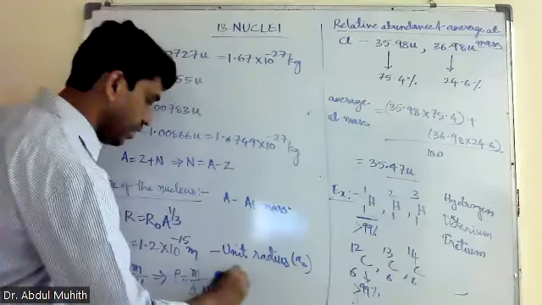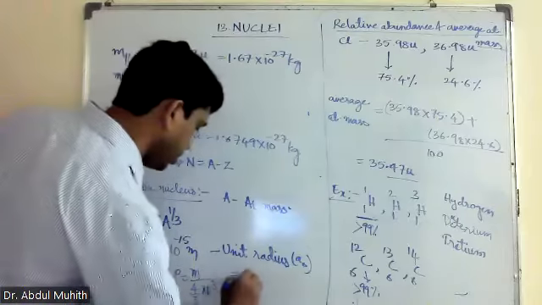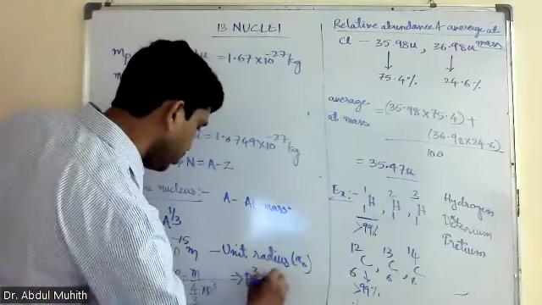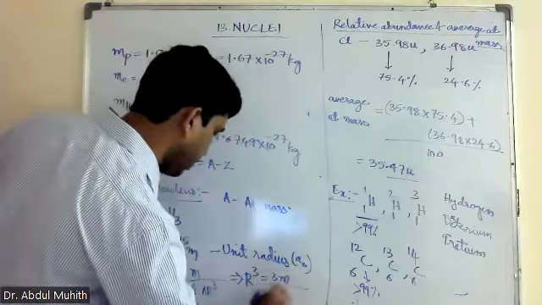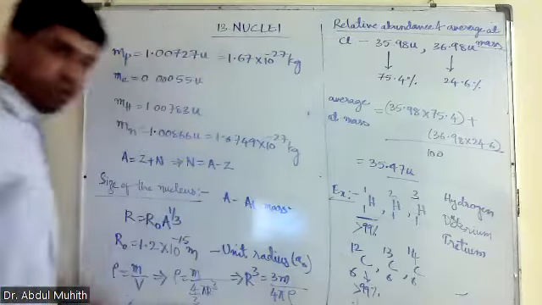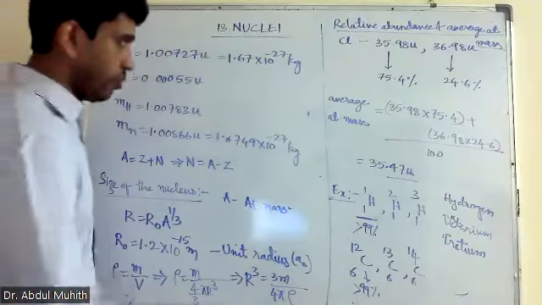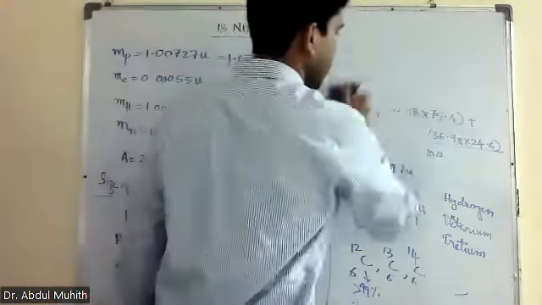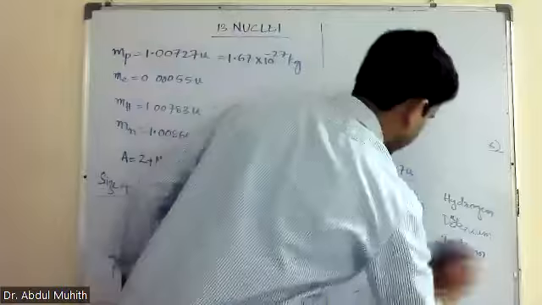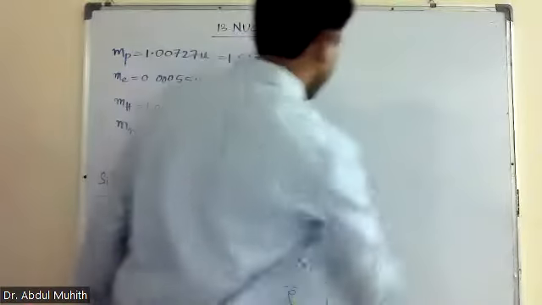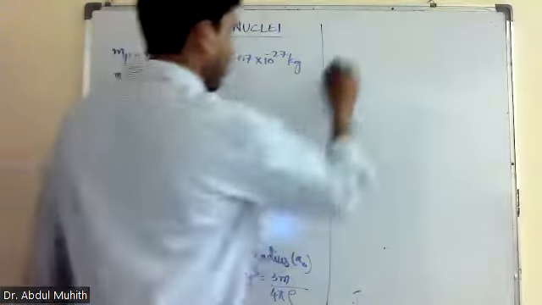Then what did we do after that? We cross multiply. R cube is equal to 3m by 4 pi rho. Then we need to find out the R value.